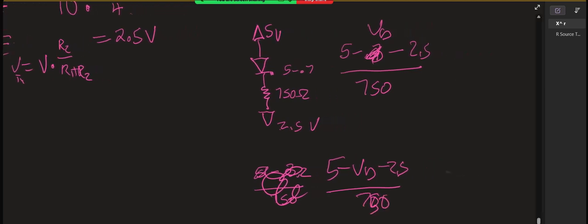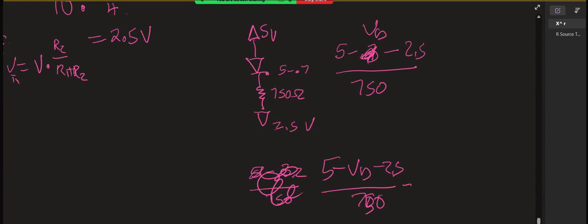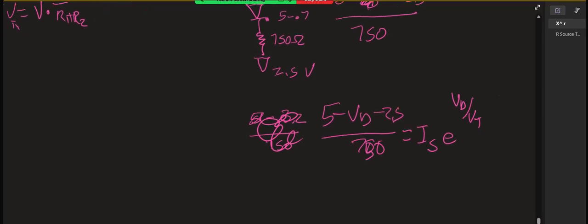And then we're going to use the exponential model and say that that has to equal IS e to the VD over VT. So now I have an equation, but it's difficult to solve, so you can solve it using iteration.